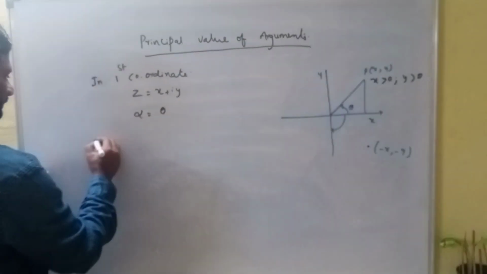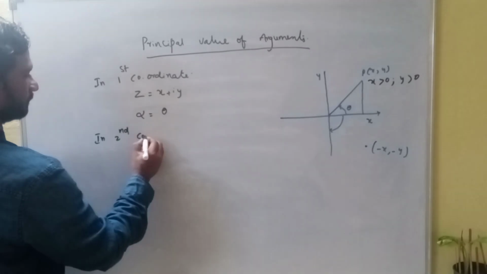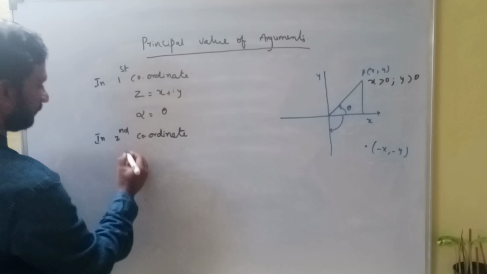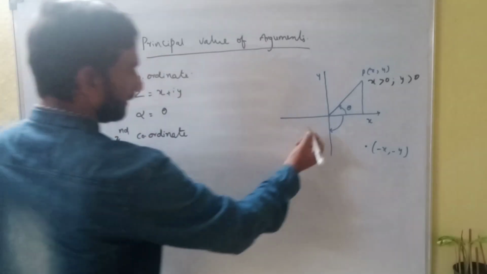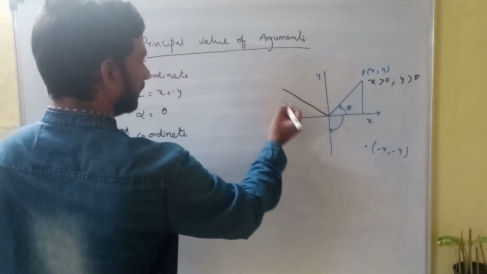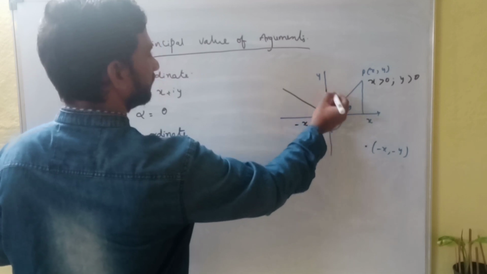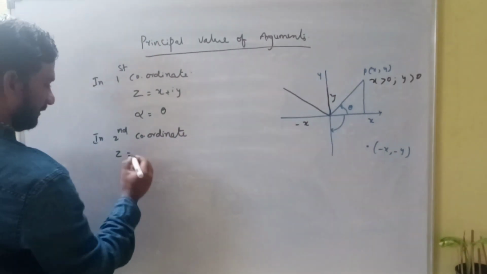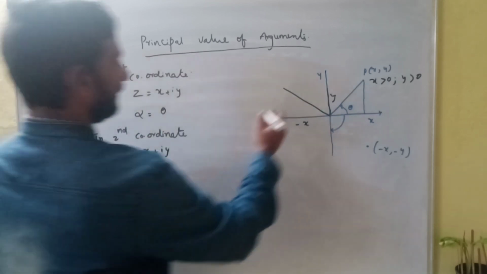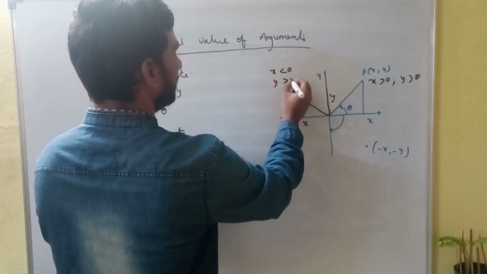Now in the second coordinate, z is equal to minus x plus iy, because x is negative and y is positive. So in the second coordinate, x is less than 0 and y is greater than 0.